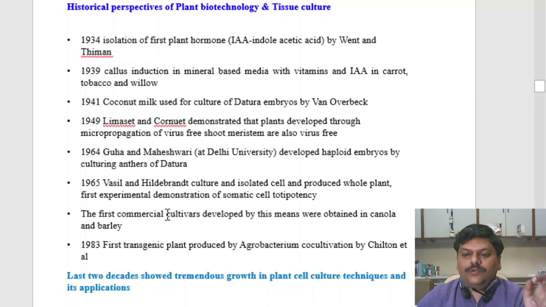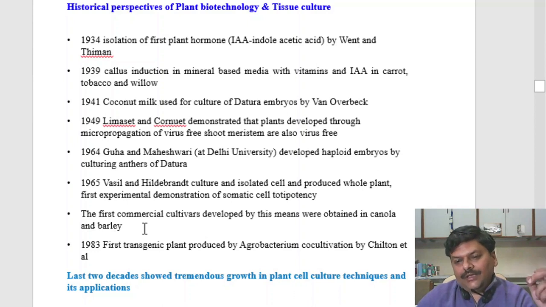Following that, the first commercial cultivars were developed in canola and barley by plant cell tissue culture, and these days plant cell tissue culture is being used for development of improved varieties in almost every type of crop plant, horticulture plant or flower plant. For example, orchids are being produced by plant tissue culture, ornamental plants are being produced by plant tissue culture, and newer flower varieties are being developed by plant tissue culture.